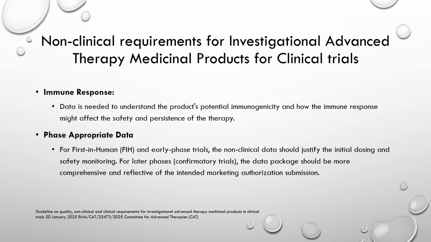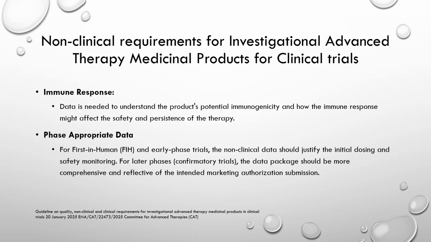So this is basically what you're looking for in your first in human trials. These are the early phase trials, and the non-clinical data should basically support that. Your confirmatory trials will then be supported by your first in human exploratory trials. Your non-clinical data should justify the initial dosing, safe monitoring, as well as administration and all of those essential criteria.